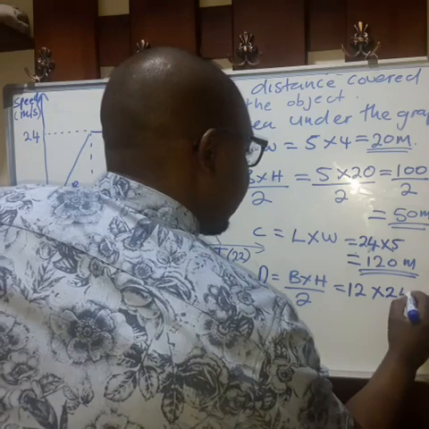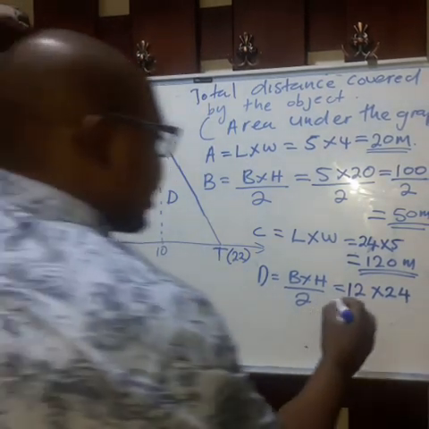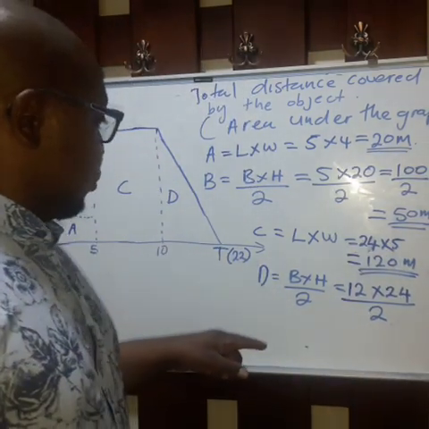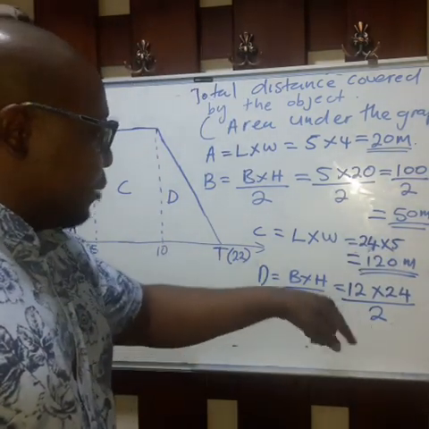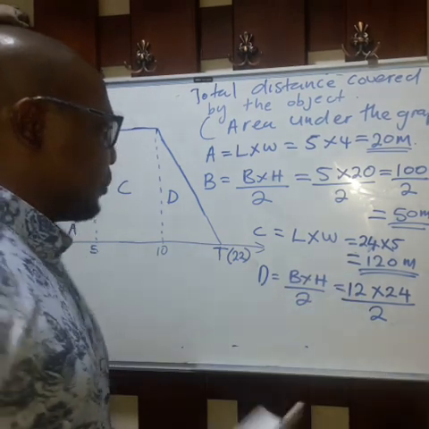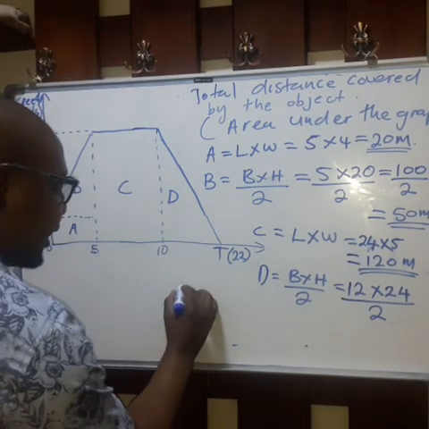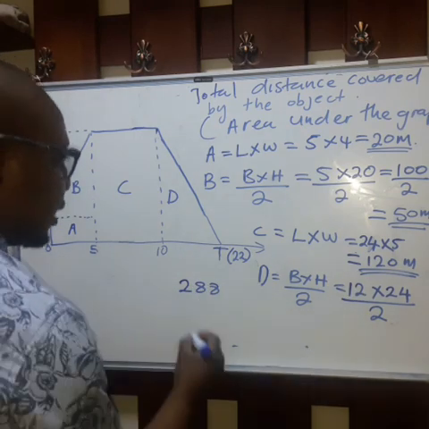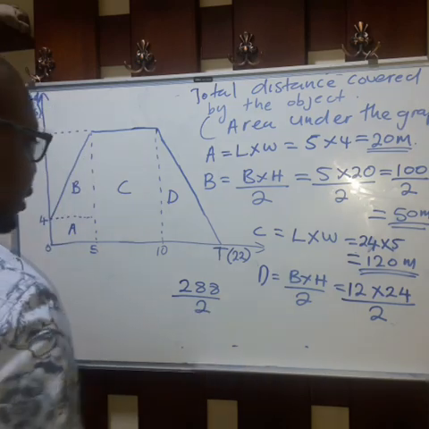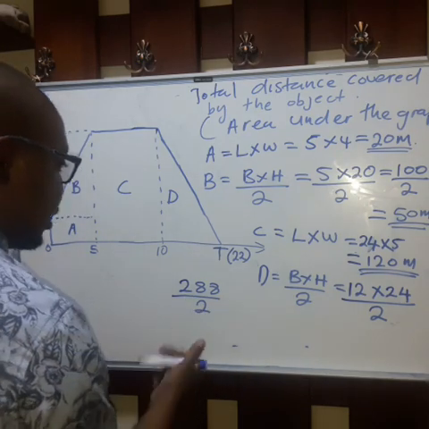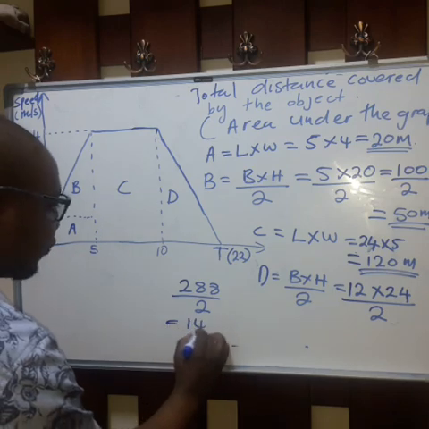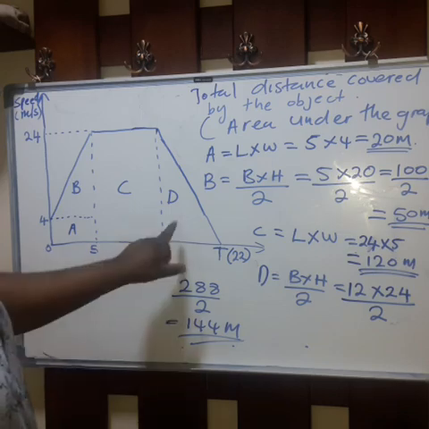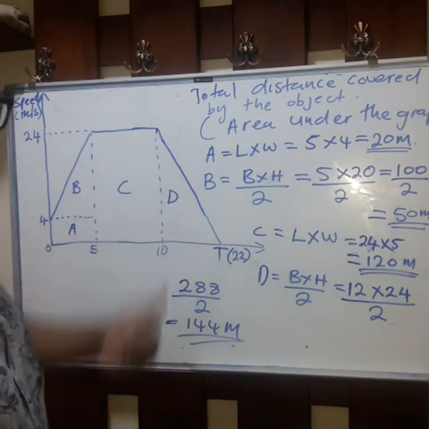We multiply by 24, then we divide by 2. So the top part, 12 times 24, I get 288. That is the top part over 2. So 288 divided by 2, I get 144 meters. This is the distance for part D.